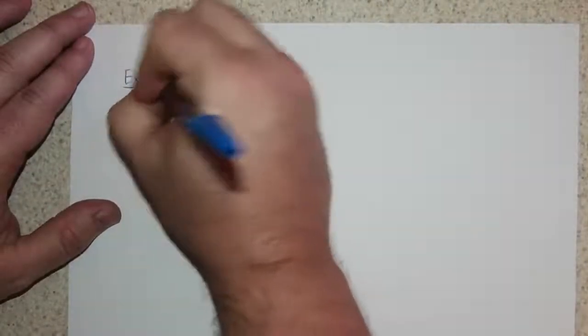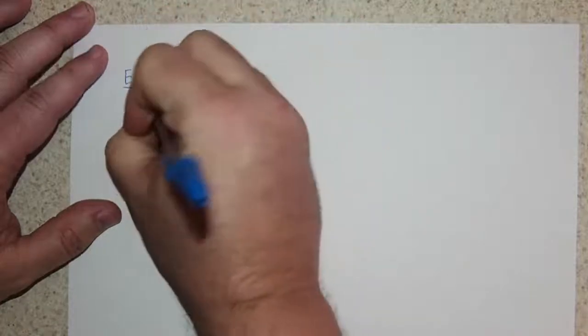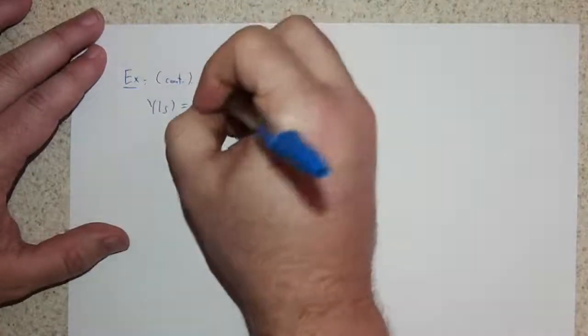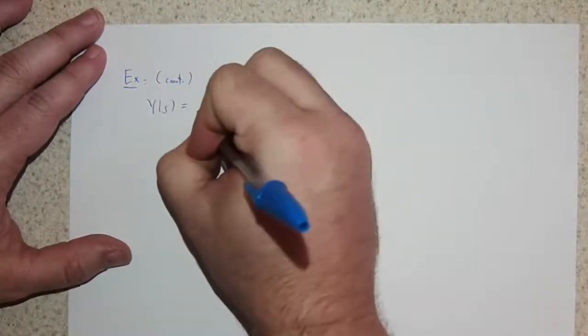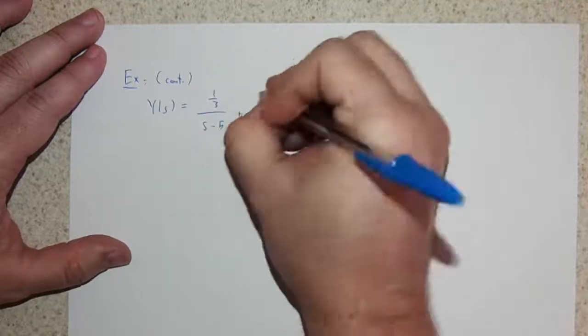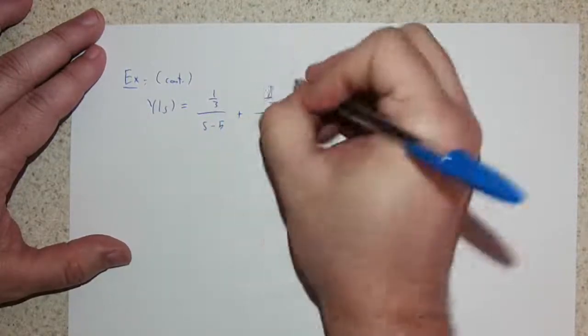So then immediately continuing on here, my big Y of s, just rewriting it real quick, is 1/3 over s minus 5 plus 8/3 over s minus 2.